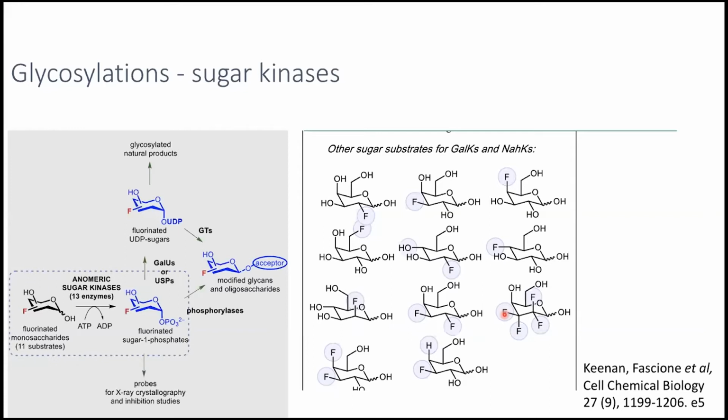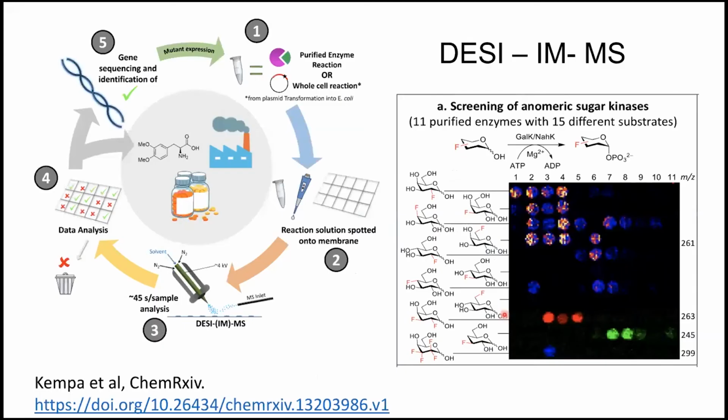I'm not saying every enzyme can tolerate every substrate, but if you have a panel of enzymes, and if you're also able to put excess of enzyme, and in some cases we really had to put quite a lot of enzyme in because the promiscuous activity was not particularly strong, you can really get these glycosylation reactions to work on preparative scale.